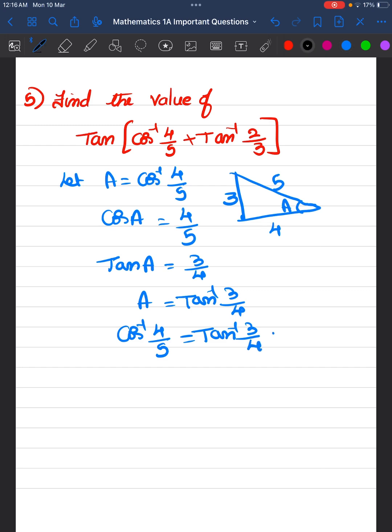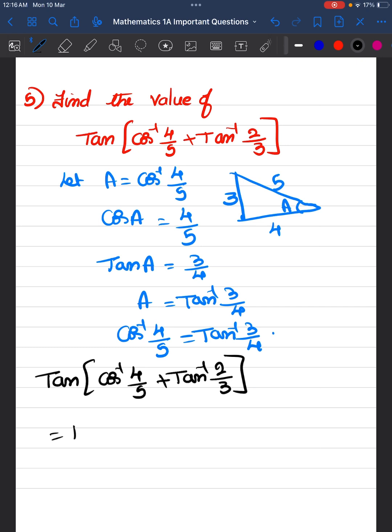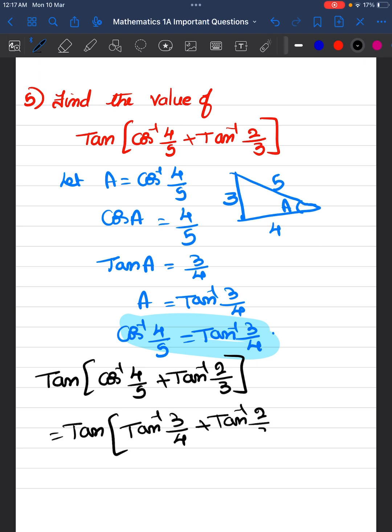Now I am considering LHS and trying to solve the problem. What is the question? They asked to find tan of cos inverse 4 by 5 plus tan inverse 2 by 3. I am replacing cos inverse 4 by 5 with tan inverse 3 by 4. So I am writing it as tan inverse 3 by 4 plus tan inverse 2 by 3.